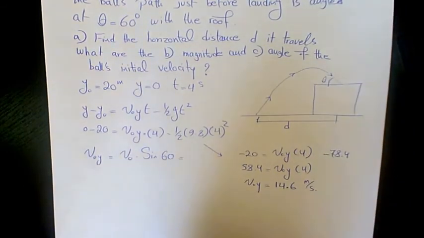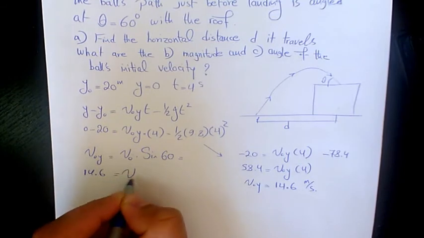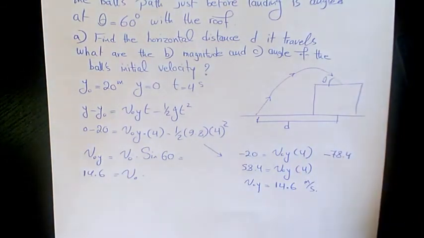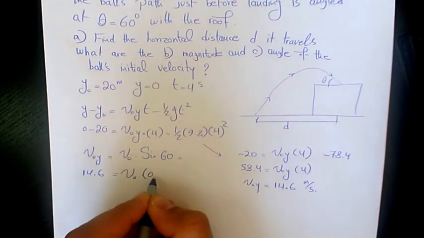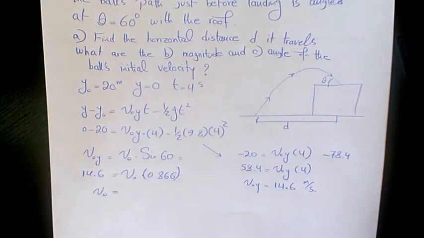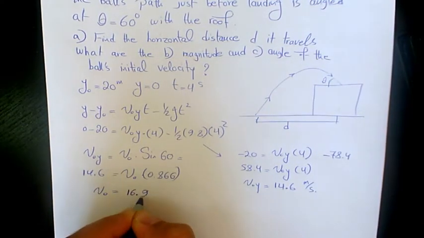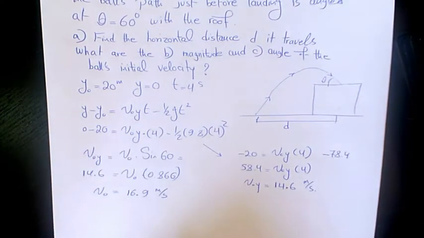And now we sub it here with 14.6 equals v naught times sine 60, which is 0.866. So v naught will be approximately 16.9 meters per second.